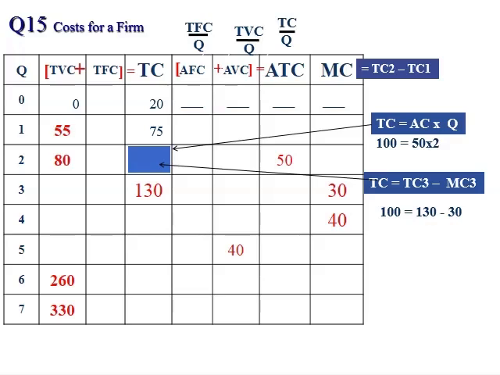Then similarly, you can work out average variable cost, taking total variable cost and dividing by quantity. Again, average total cost, you can either add across AFC plus AVC, or you can simply divide the total by the number of units. Marginal cost, remember, is the change in the total.